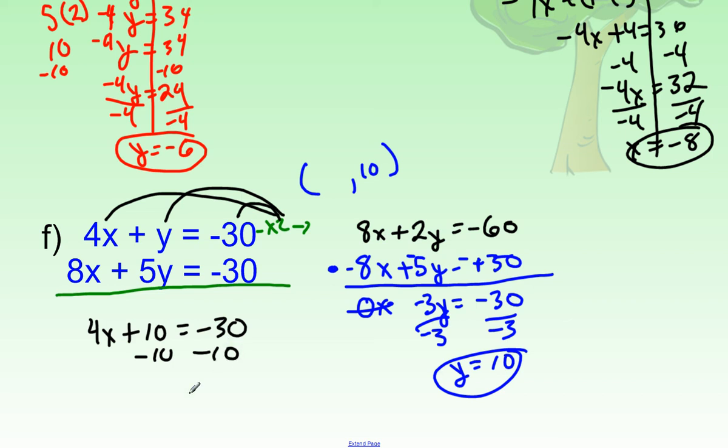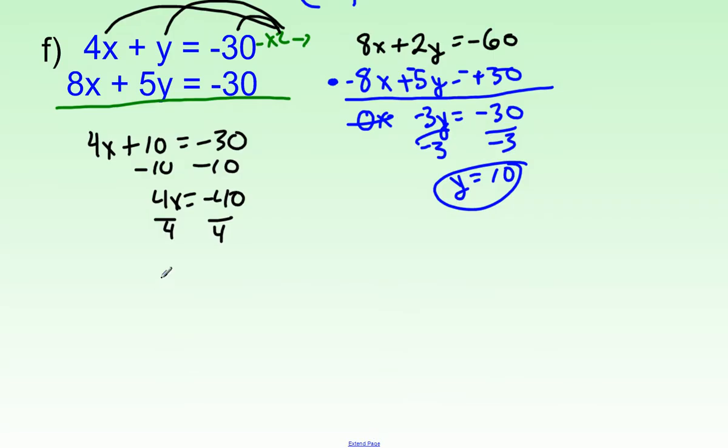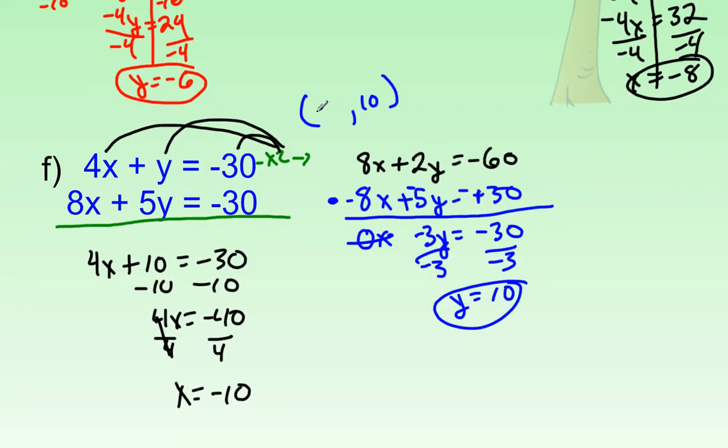Minus 10, 4x equals -40. Divide by 4. x equals -10. So those are my x and y values that make this system of equations true.